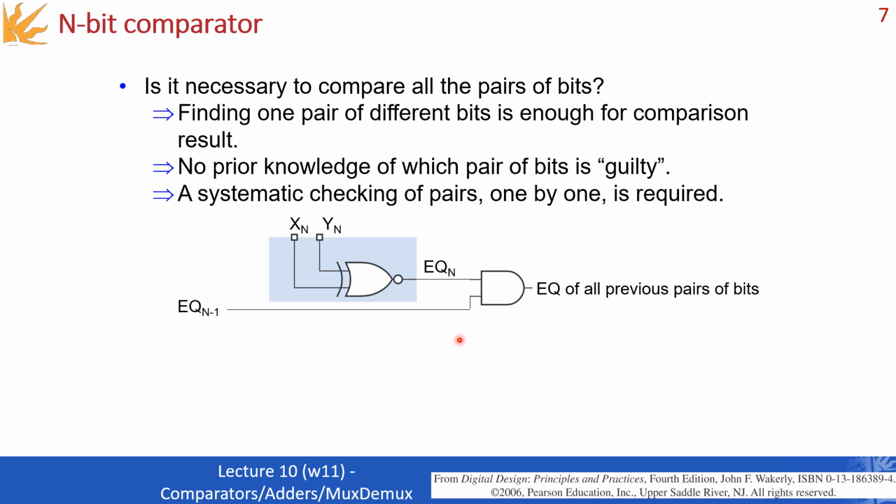The only thing you need to do is check what the equivalence gate of the previous pair said. You can do that by having an AND gate at the end over here. The result of this AND gate verifies the equivalence or not of all the previous pairs of bits. So all the previous pairs of bits from pair 0 to pair n-1 can be seen from the output of this AND gate over here.